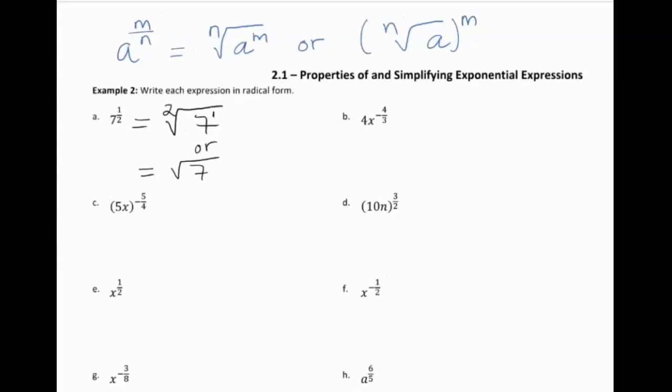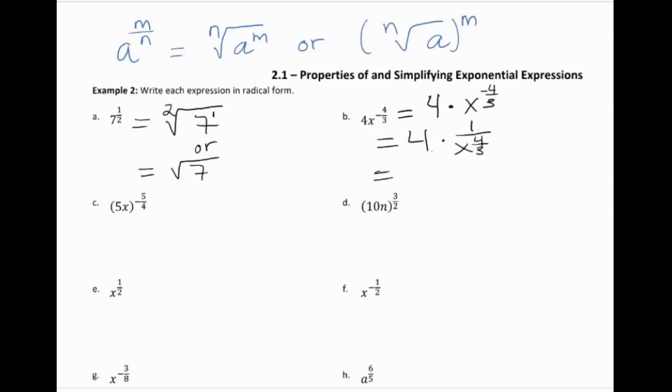For example b, we have 4x to the negative 4 over 3. So we need to separate this as 4 times x to the negative 4 over 3. And then here we can apply the negative exponent rule. So we have 4 times 1 over x to the 4 over 3.